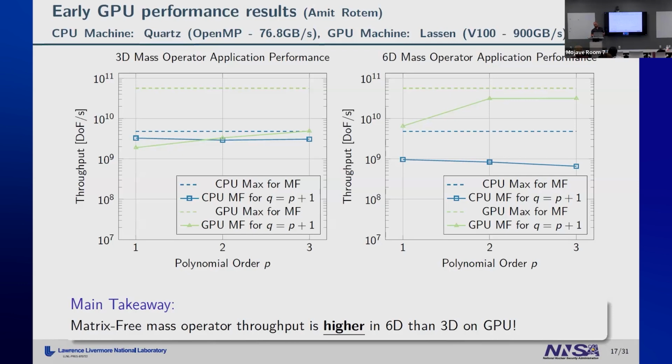So now we are getting, for order 2 and 3, very close to peak bandwidth actually. I put 900 gigabytes per second for a V100, that's vendor numbers. You're never going to get that in practice, so you get actually very close to peak performance here. So that's excellent news.